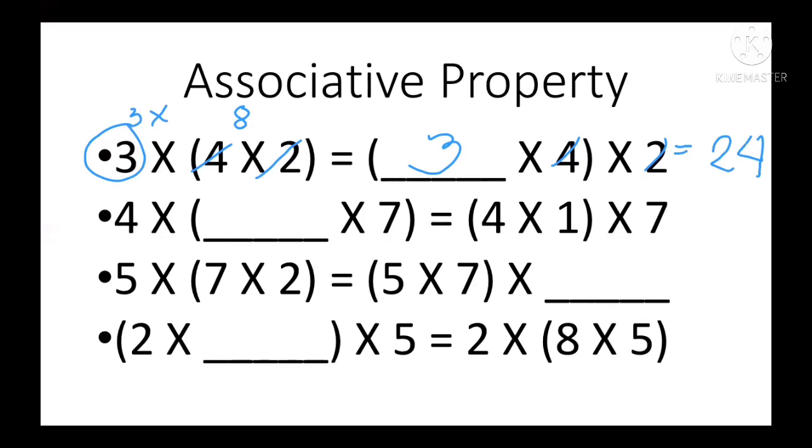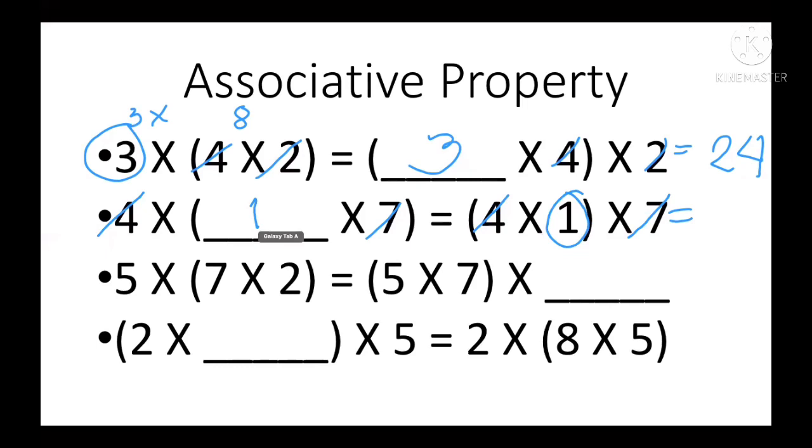Next number. 4 times blank times 7 equals 4 times 1 times 7. What will be the number on the blank? You see this? 7, 7, 4, 4. So we have the missing 1. So 1 will be put here. Easy.